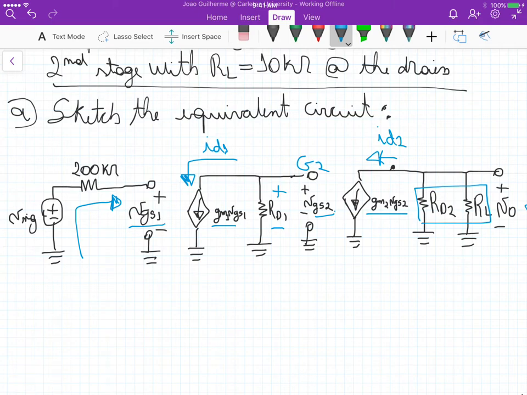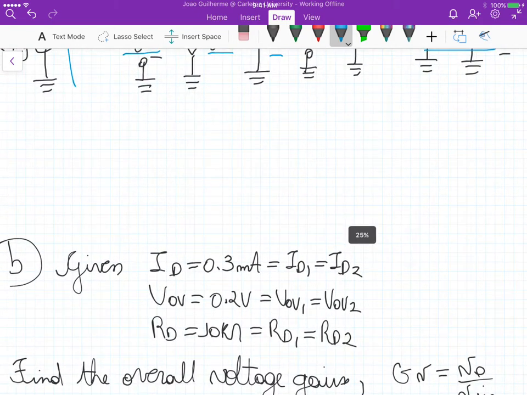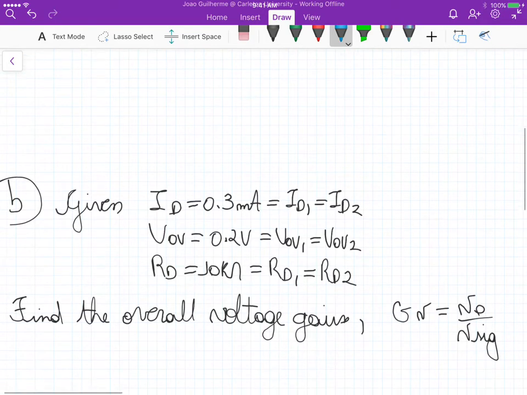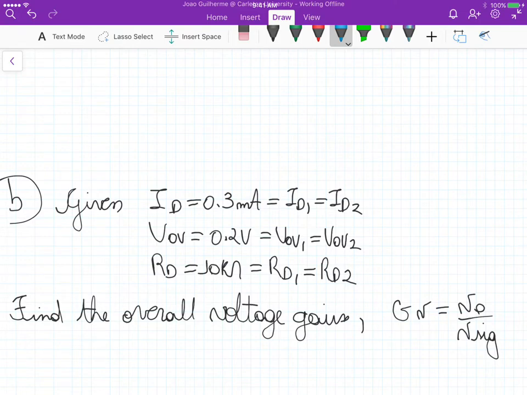Now for the second part, given that the drain current on both, the capital ID, which is the DC drain current, is 0.3 milliamps for both transistors, and that the overdrive voltage is also the same for both transistors, 0.2 volts, and RD equals 10K for both resistances, we need to find the overall voltage gain, V naught over this signal.